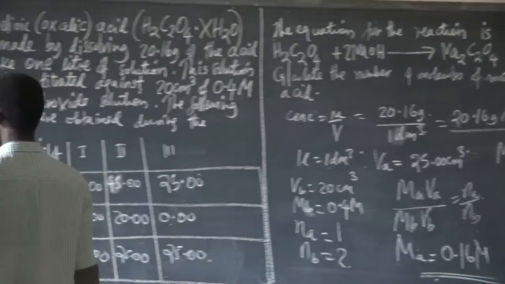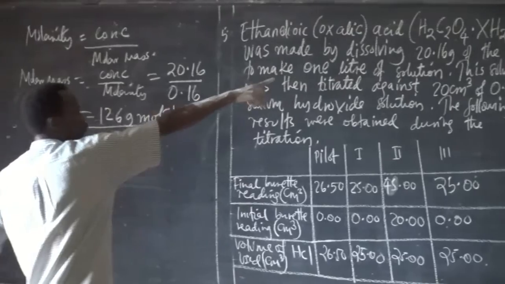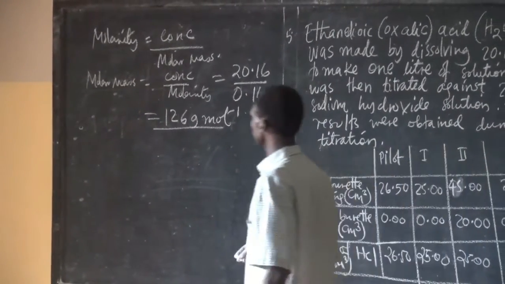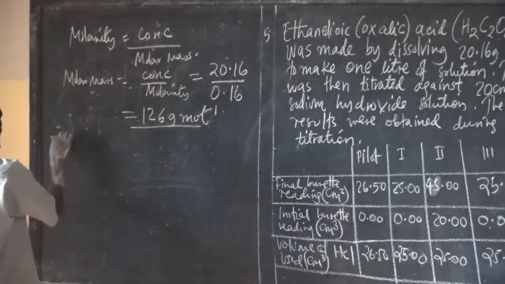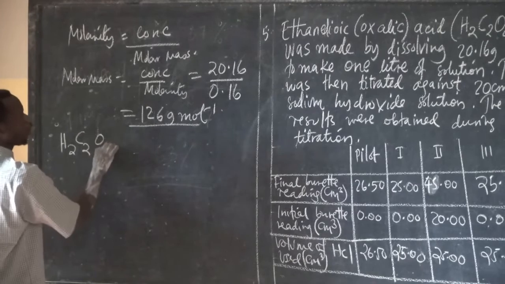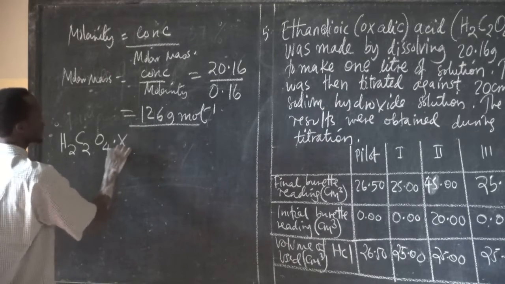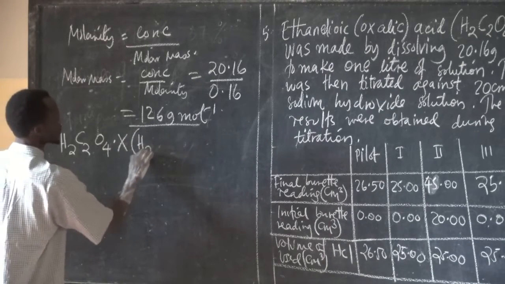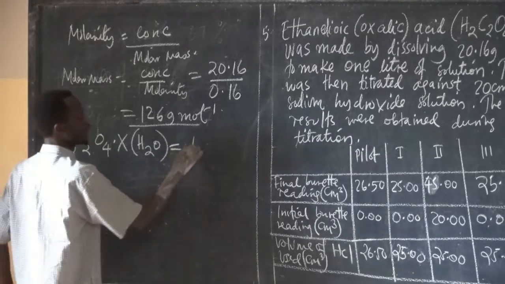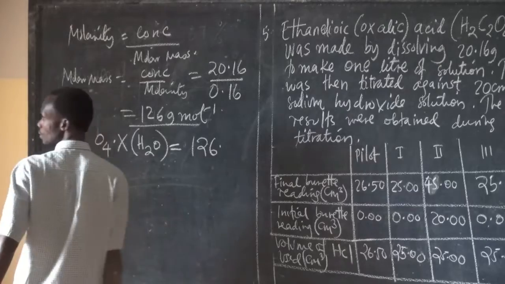Now from the formula here, this is the chemical formula. Now we have H2C2O4·XH2O, and this is equal to 126.